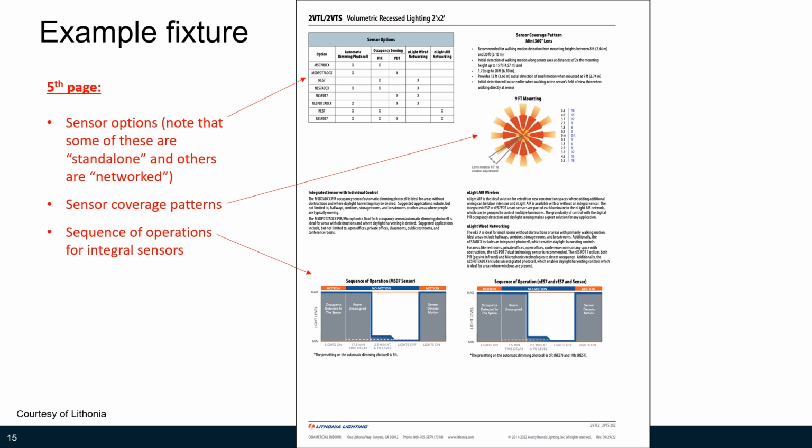So this actually says, hey, when somebody walks into the room, turn the lights on, maybe to full, or maybe to a dimmed predefined level. At some point, they're going to turn down, they're going to dim down, not necessarily to full off, but then after a certain predefined period of time, they will turn off. So it's showing you how the components will actually behave, and that's very useful.